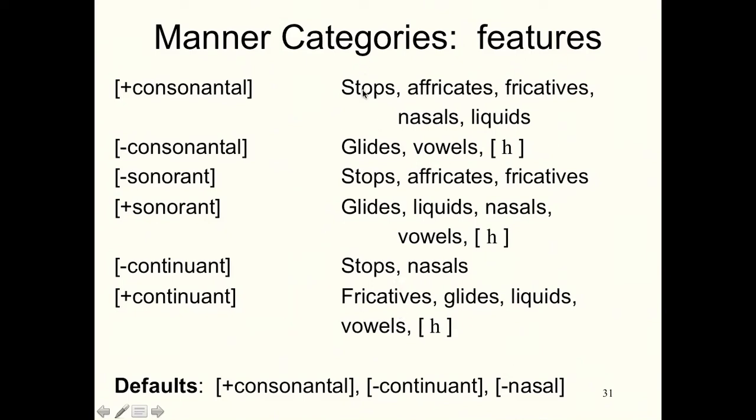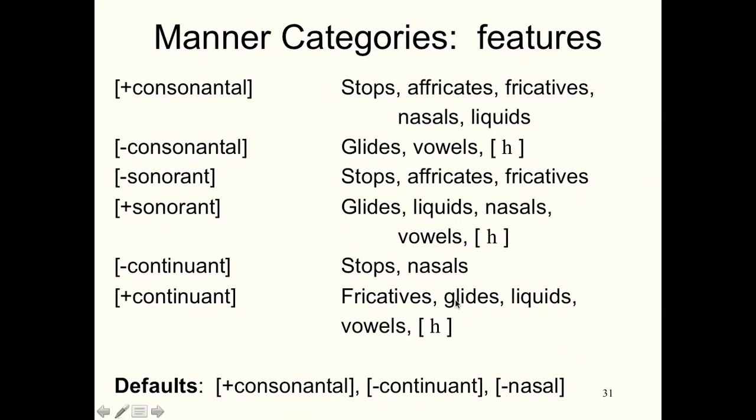A stop is plus consonantal, minus sonorant, and minus continuant. A liquid is plus consonantal, it is plus sonorant, and it is plus continuant, and so on. So as you look at this slide, you can get the major differences, pulling out what we think are the functionally important aspects of these different things.